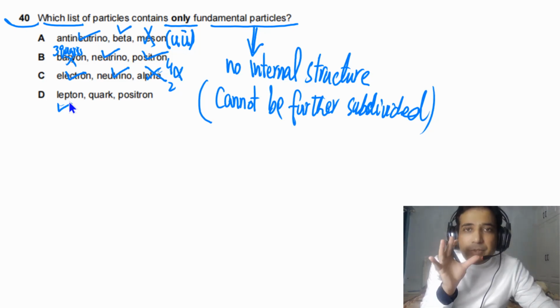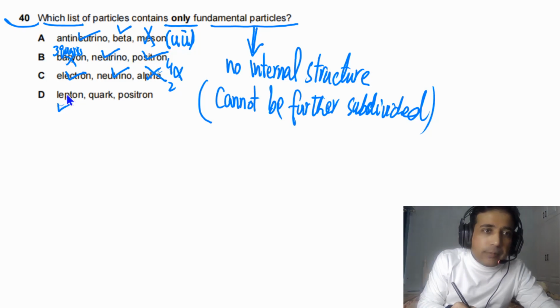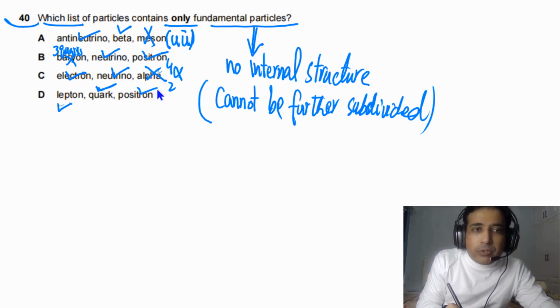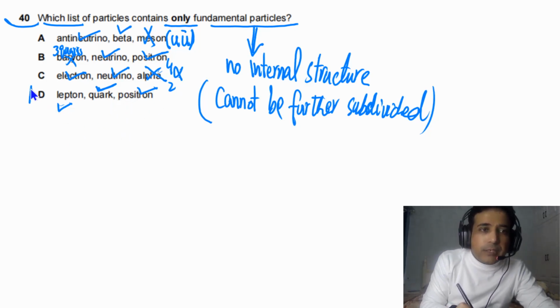All of them are fundamental particles. Quarks are also fundamental particles. Positron also belongs to the lepton family, so it is also fundamental because it is the antiparticle of the electron. So the answer for this question is D.